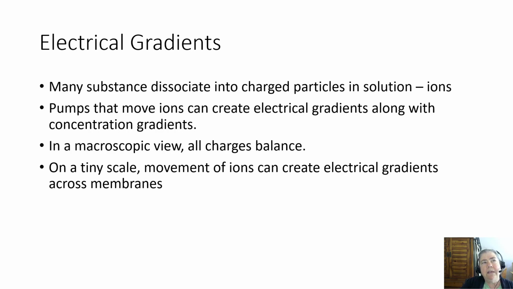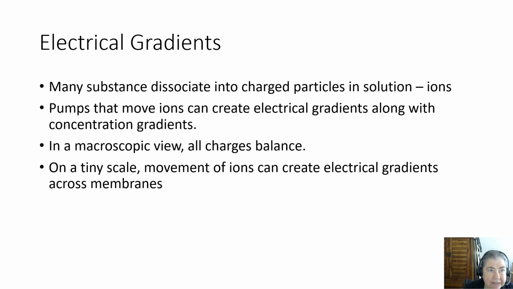So when we are moving 3 sodium ions out of the cell and 2 potassium ions into the cell, we are getting an electrical gradient because we have one more positive on the outside of the cell than we have on the inside of the cell. So obviously, looking at the big picture, charges always balance.